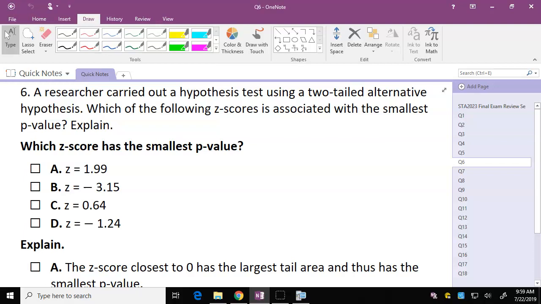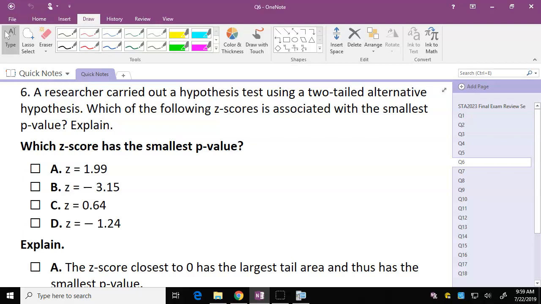So look at the highest z-score, because the higher the z-score, that means the smaller the area under your curve, because that's what the p-value is measuring, that area under the curve. And we want to make it as small as possible, so that means we want to be as far away from the middle, right? So, Antonio, you're absolutely correct. The higher the z-score, the smaller your p-value. So which one is it?